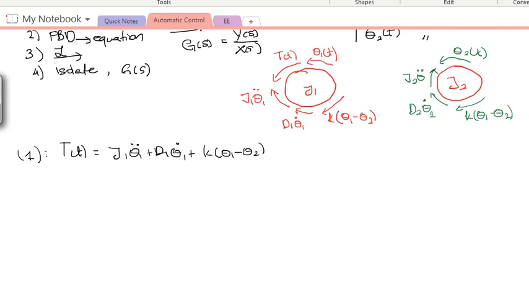So that's the first equation. And the second equation is 0 equals J2 theta 2 double dot plus D2 theta 2 dot plus K multiplied by theta 2 minus theta 1, right?